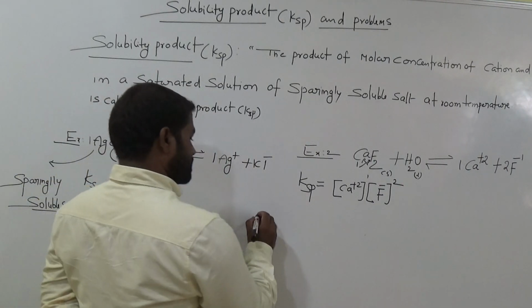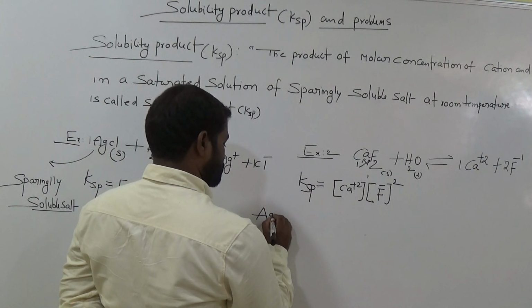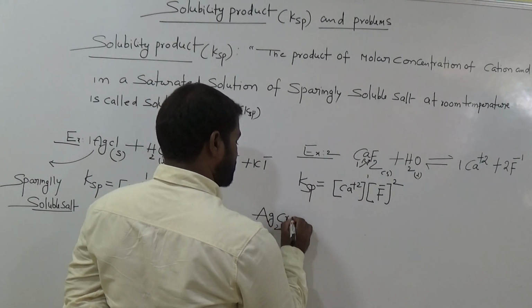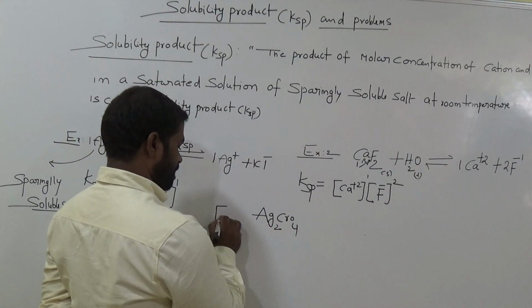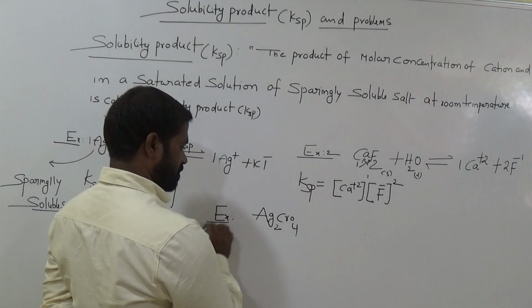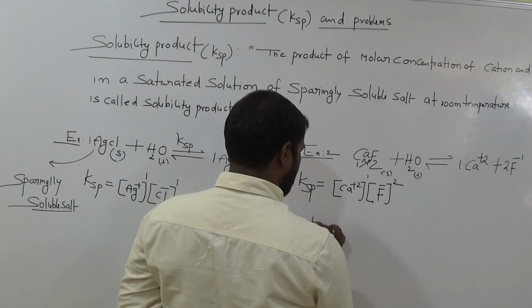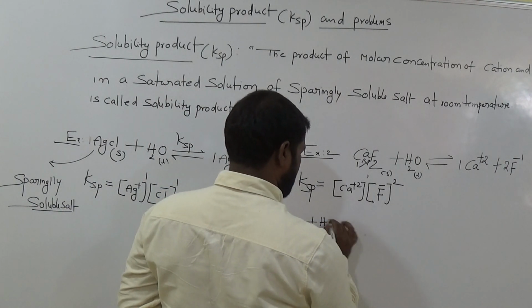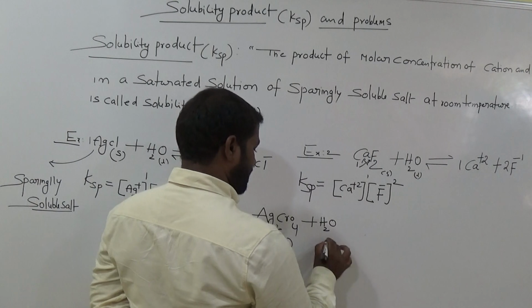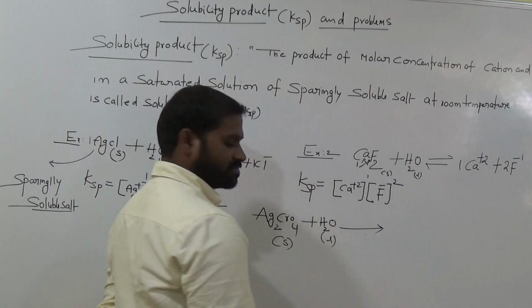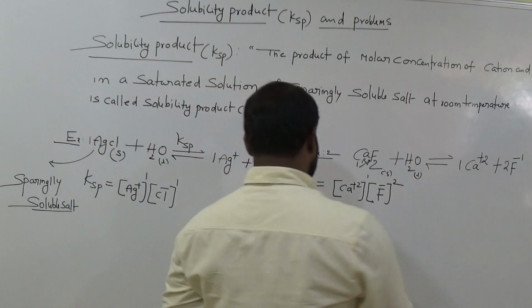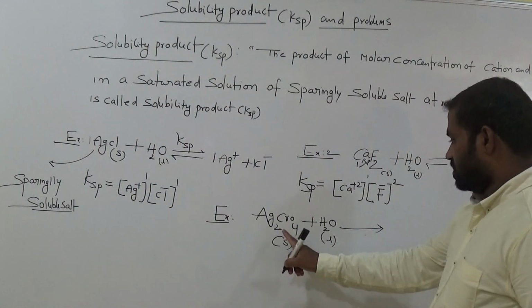Now for this one, Ag2CrO4, silver chromate. So example 3. Now write, when dissolved in water, it is solid, it is pure liquid. Now what about this one?